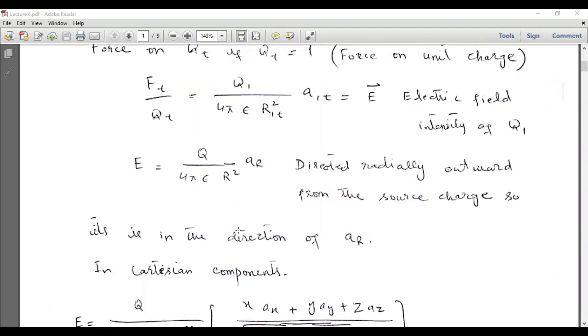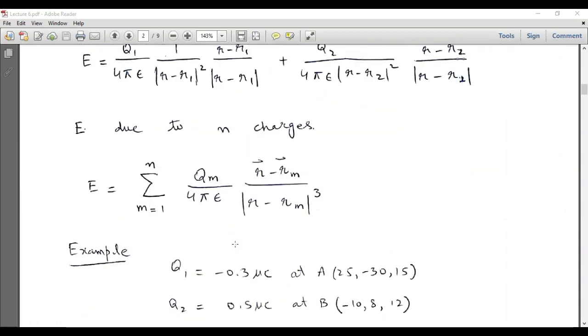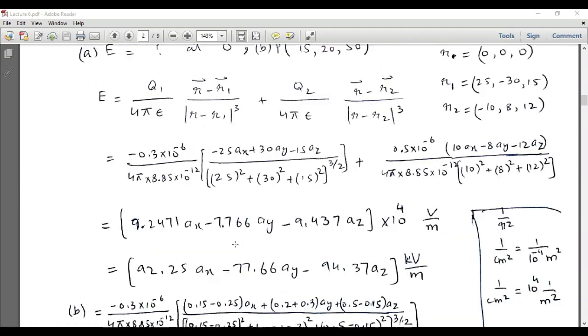So we have to use 1 over centimeter square to convert to the SI unit, which is meter. So 1 over centimeter square is equal to 1 over 10 raised to power minus 4 meter square, or 10 raised to power 4 per meter square, due to the 1 over R square dependence. So it will become 10 raised to power 4 over here.